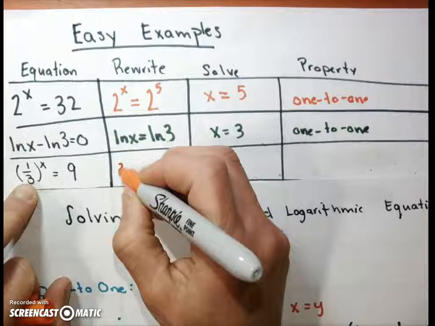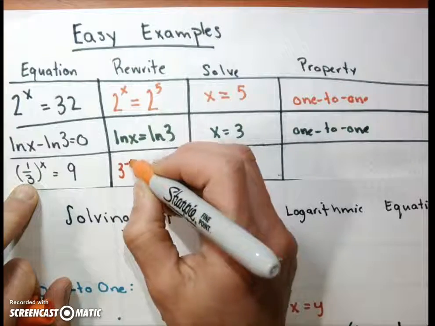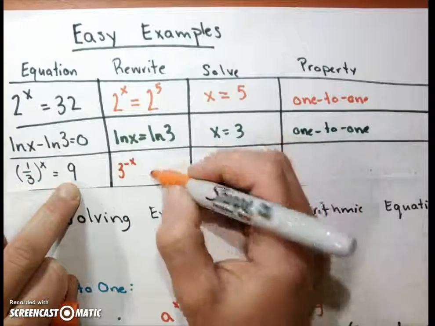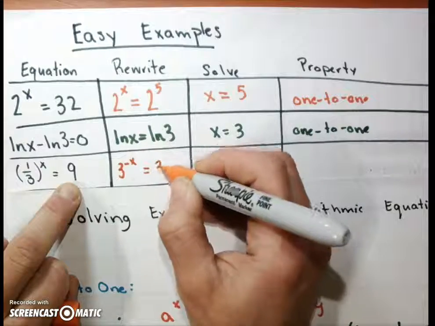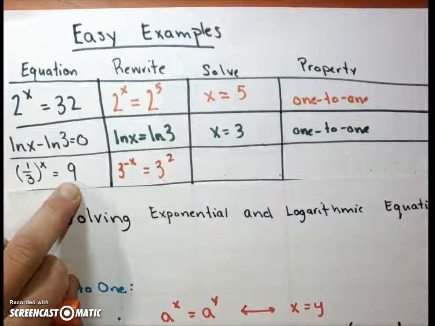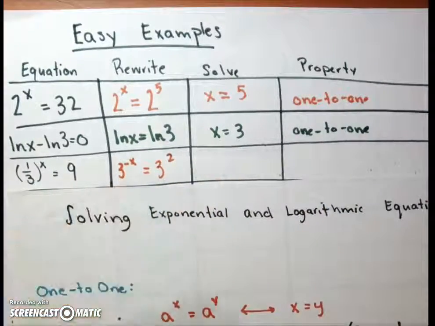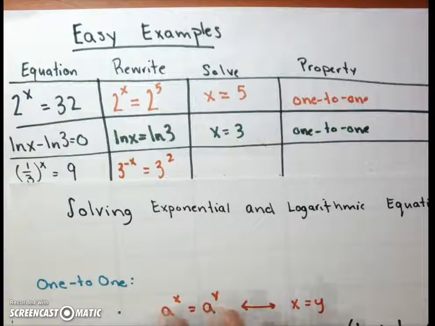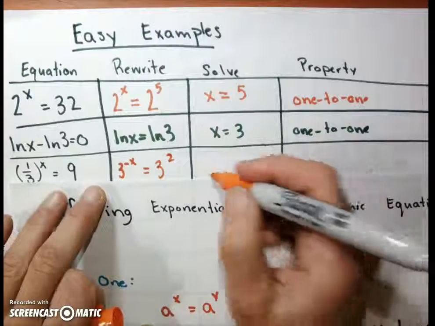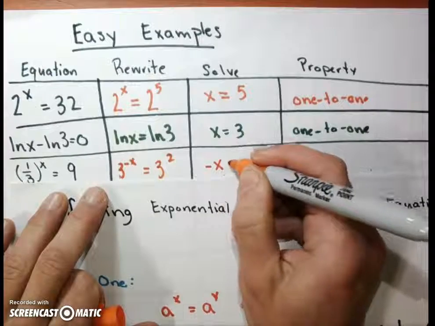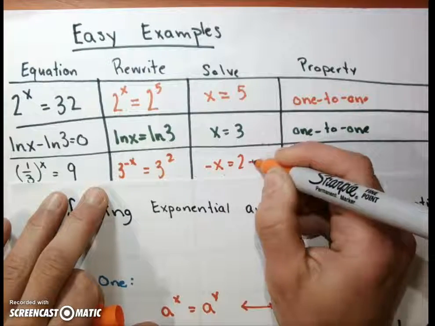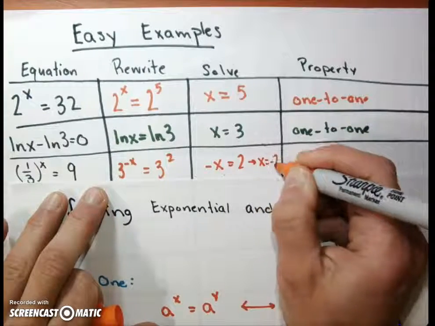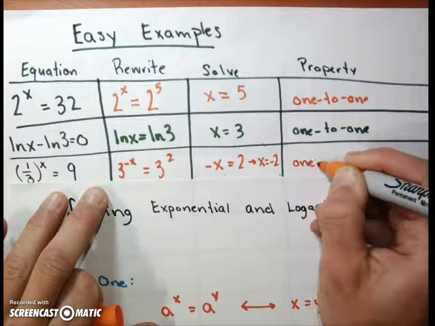So the left-hand side I can rewrite as 3 to the minus x, and 9 is a power of 3, it's 3 squared. So I have same base, different exponents. I can conclude the exponents are the same. So minus x equals 2, or in other words, x equals minus 2. And again, I've used the one-to-one property.